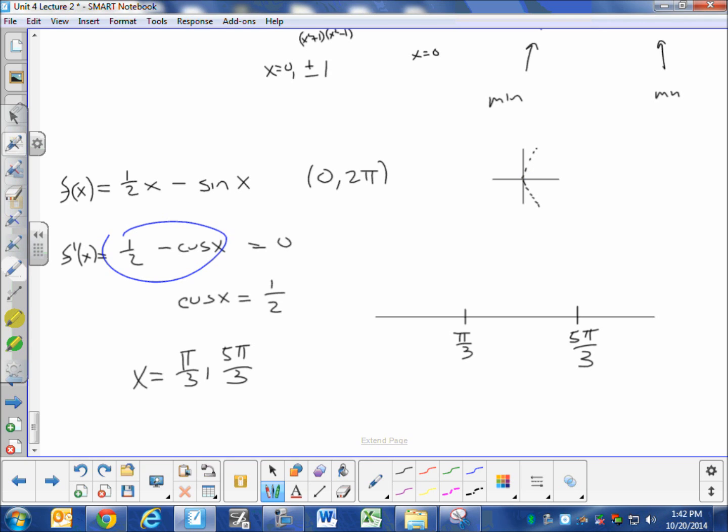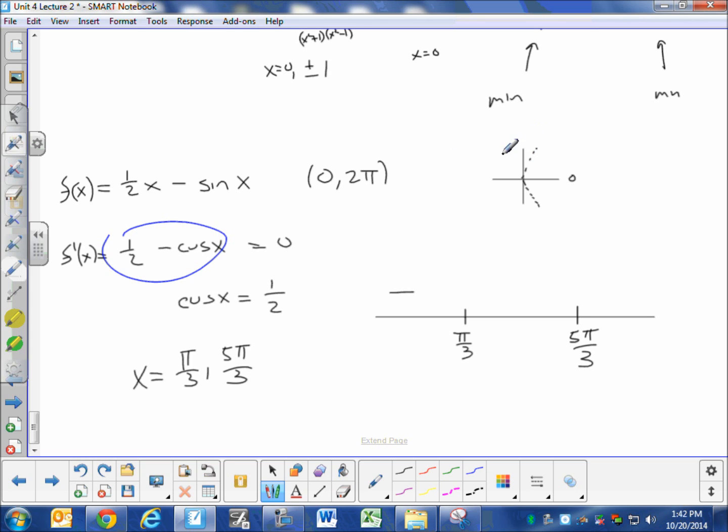Now, if we found all of the correct critical numbers, then all we need to do is take one test point. Say to the left of pi over 3. If this is pi over 3, going to smaller values, that would be like at 0. I plug in 0, I get the cosine of 0 is 1. 1/2 minus 1, that's a negative. So these are all decreasing.